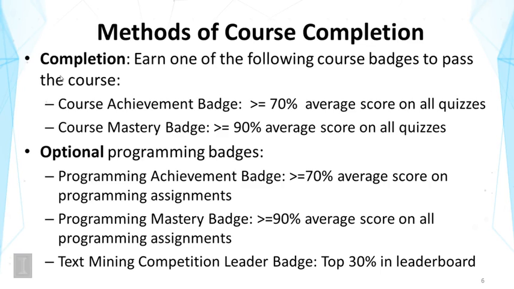And similarly, the mastery badge is given to those who can score 90% average score or better. The last badge is a text mining competition leader badge, and this is given to those of you who do well in the competition task, and specifically we're planning to give the badge to the top 30% in the leaderboard.